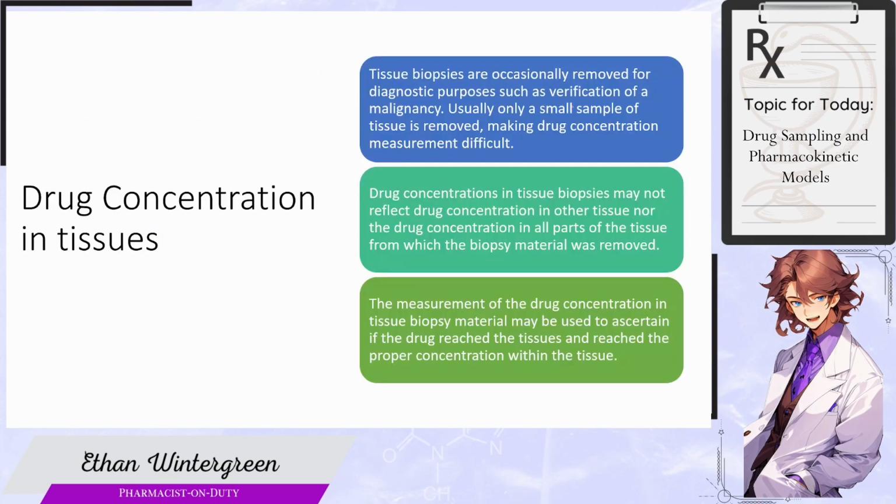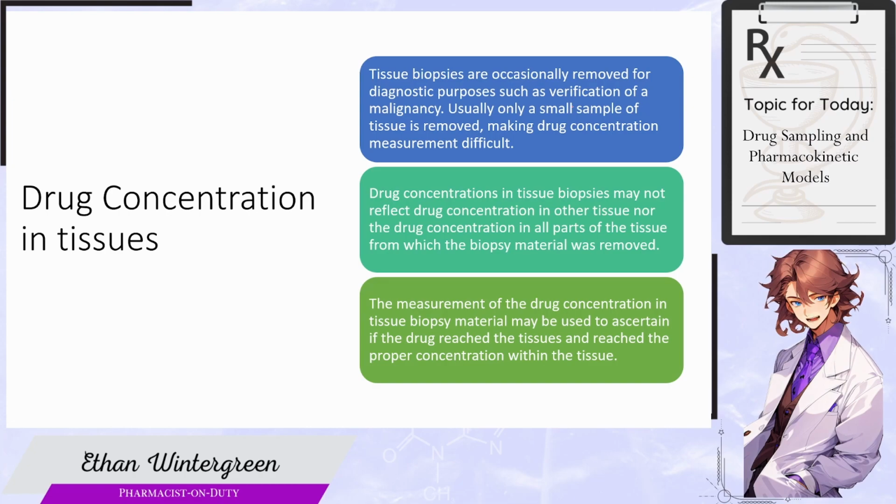Next, we have drug concentration in the tissue. So these are usually performed through tissue biopsies. So there is a surgical procedure involved wherein we will get a certain part of the affected area and we're gonna sample how much drug is in it. So tissue biopsies are occasionally removed for diagnostic purposes, such as for verification of malignancies.